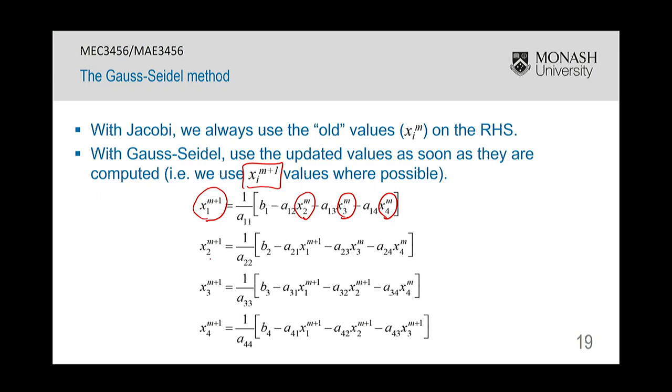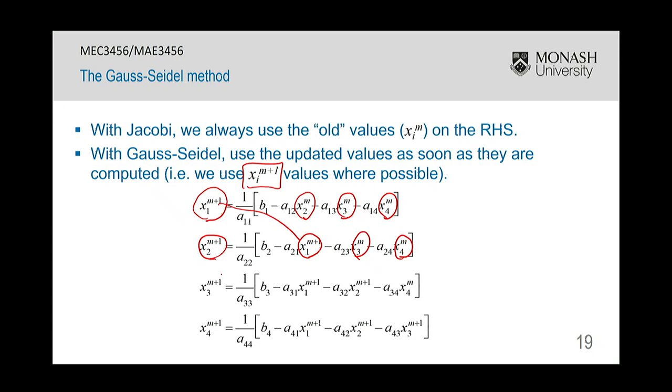When it comes time to look at the new iteration for the value of x2, well, we've already calculated x1, so let's just use that in the equation for x2. But we haven't calculated x3 or x4 yet, so we still use the old values of that.